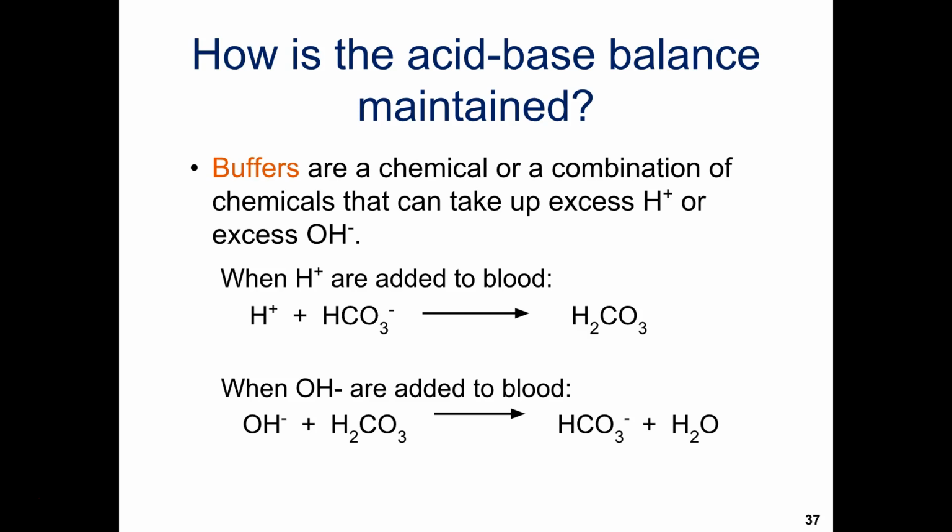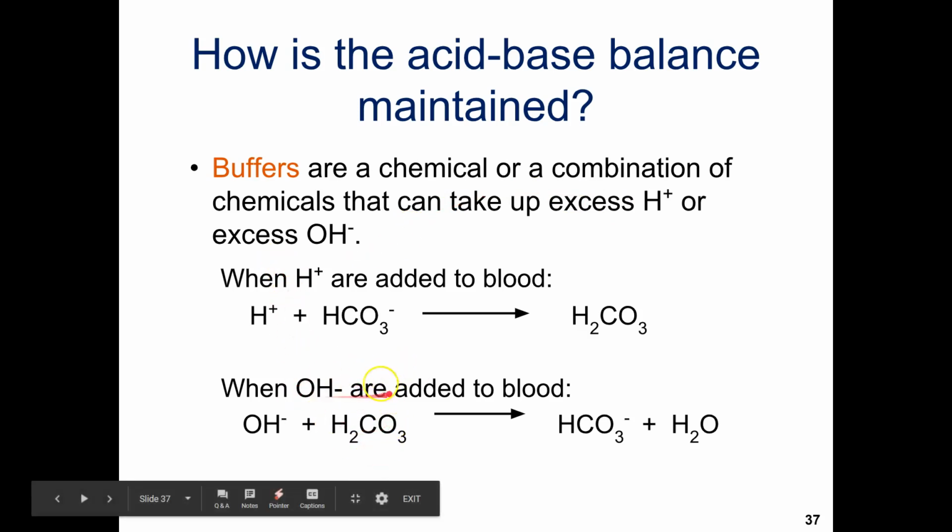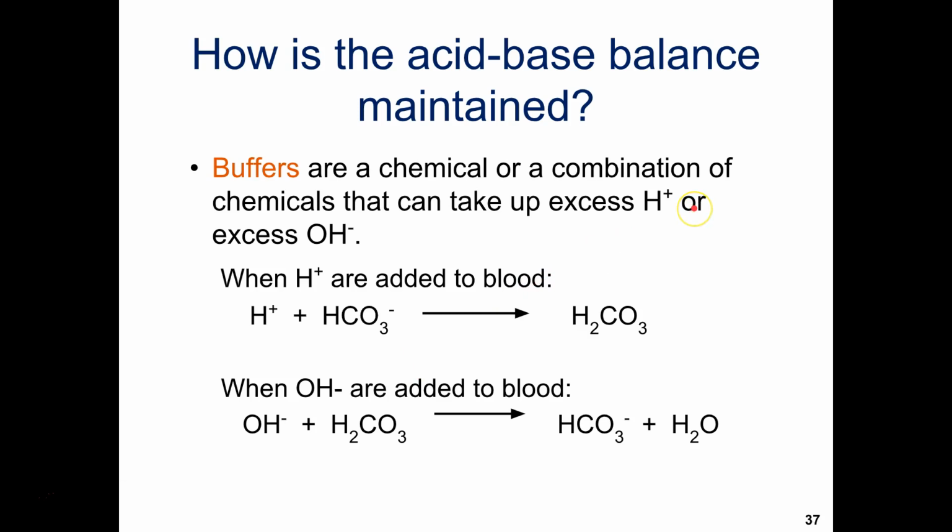So the kidneys secrete these hydrogen ions and they secrete these bicarbonate ions, okay? And I don't want you to know these chemical formulas, but what I want you to know is that buffers can keep the pH range of a solution within a certain band, or within a certain range, I should say.